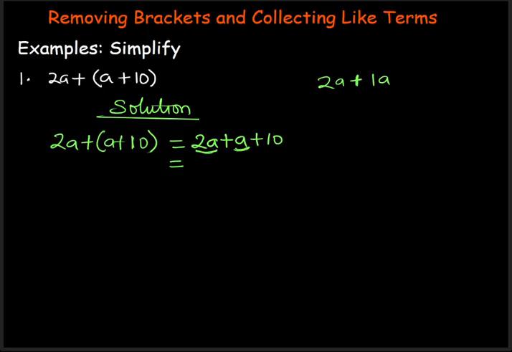A has a coefficient of 1. So 2a plus 1a, and they are already together. So in this case, we don't need to collect them because they are already together. And that will give us what? 2a plus 1a will give us 3a, and then plus 10. 3a plus 10. This is what we have as our final answer.